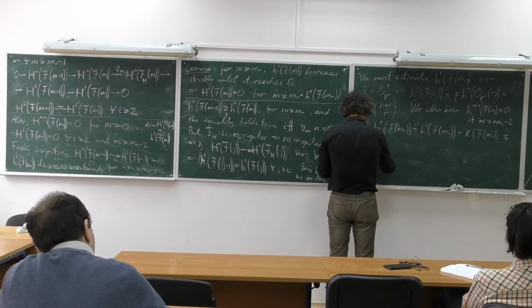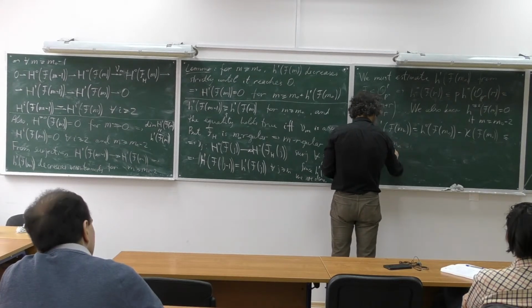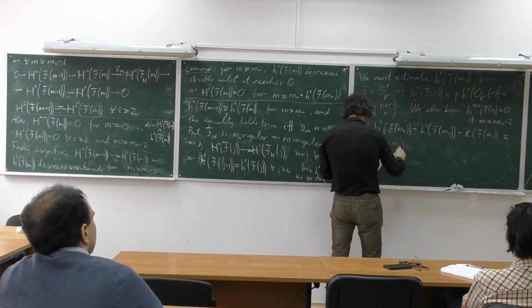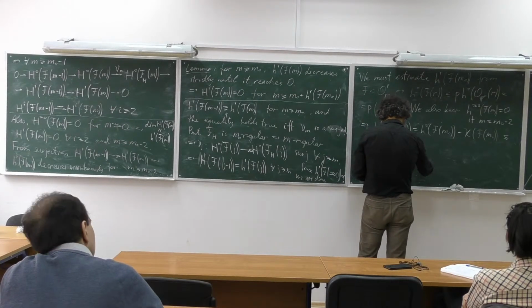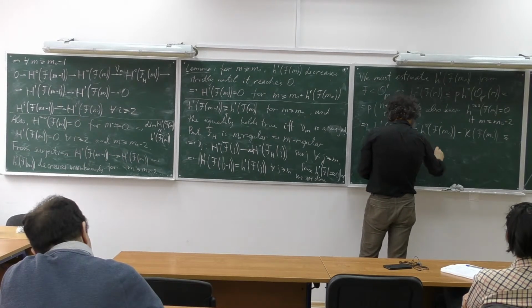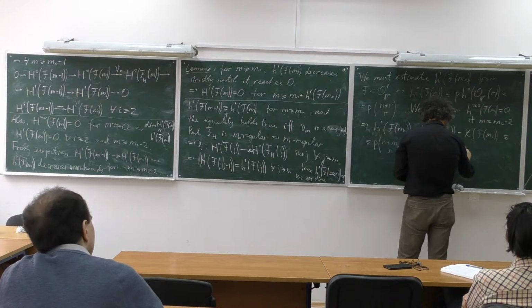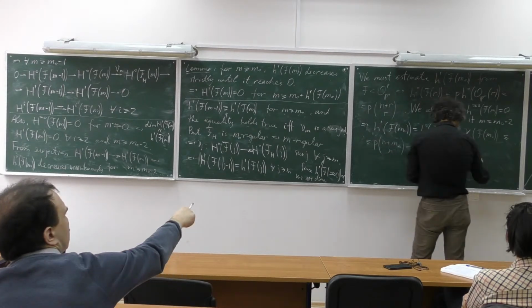So this is at most P times n plus M0 choose n, minus the Euler characteristic, which we already know is the sum from I equals 0 to n of a_I times M0 choose I.